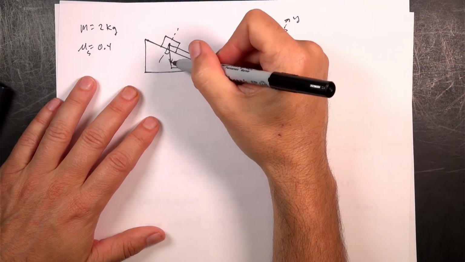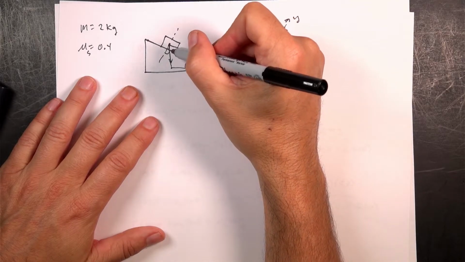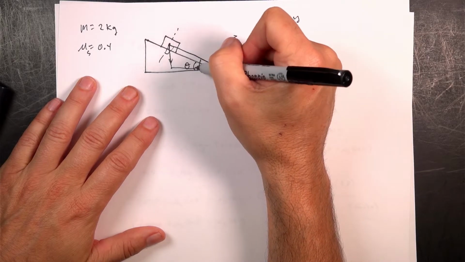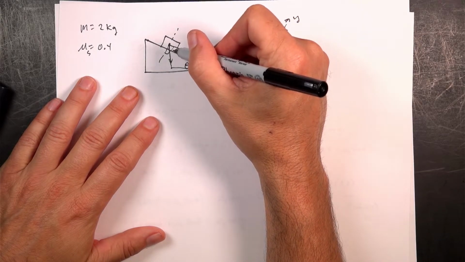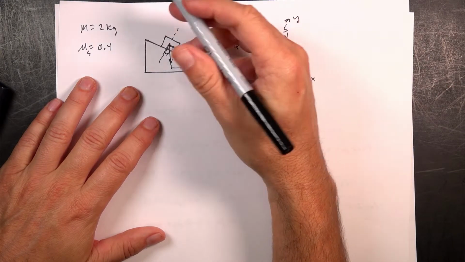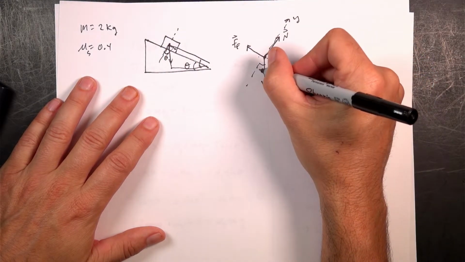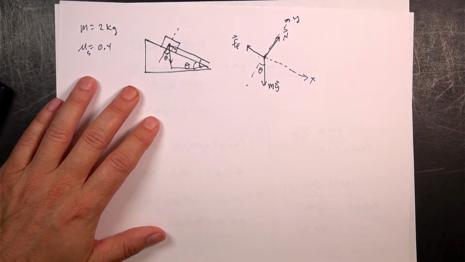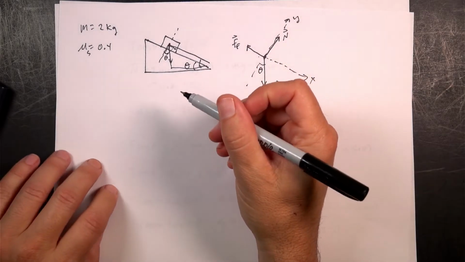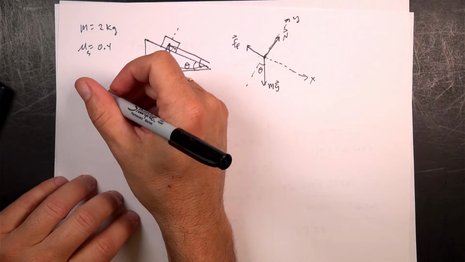All the angles add up to 180, so this is the complement of theta, right? Because that's 90, so that has to be the complement of theta. And then this is 90 degrees, so that has to be the complement of the complement, so that's theta. So this angle is theta. That comes up all the time in these kinds of problems, so just get used to it.